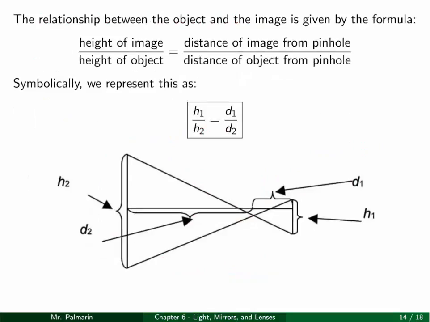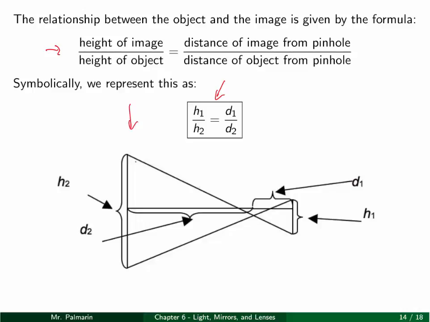It's summarized in a formula that is probably quite familiar to you, a ratio formula, basically saying the height of the image over the height of the object is equal to the distance of the image from the pinhole over the distance of the object from the pinhole.